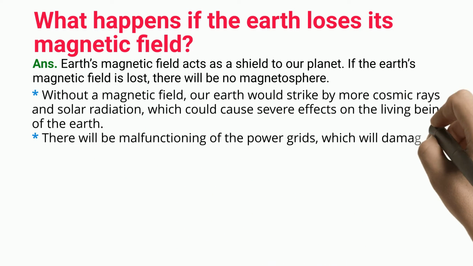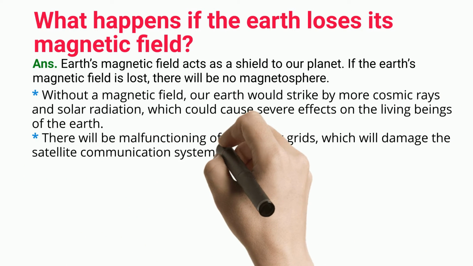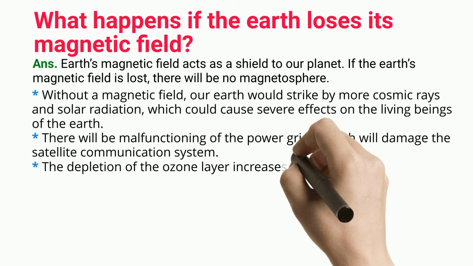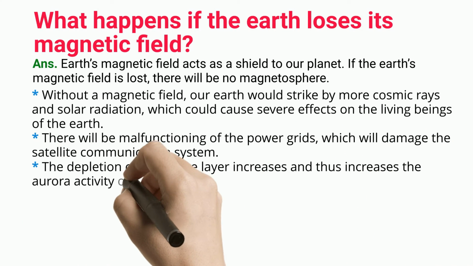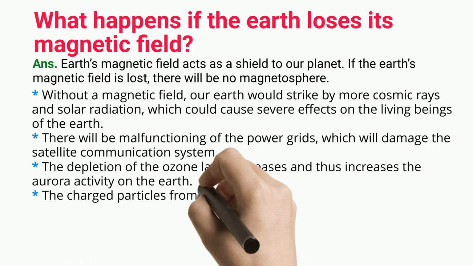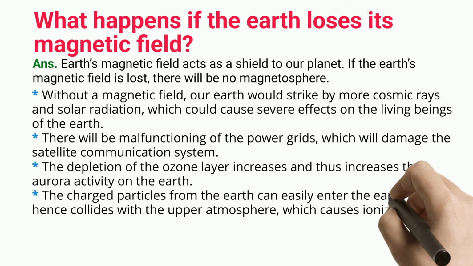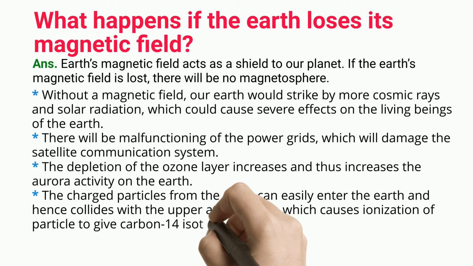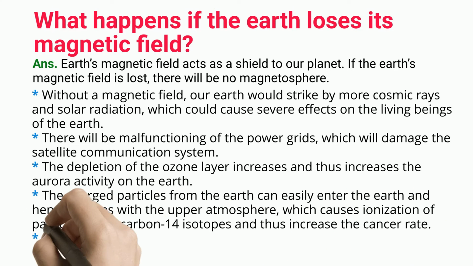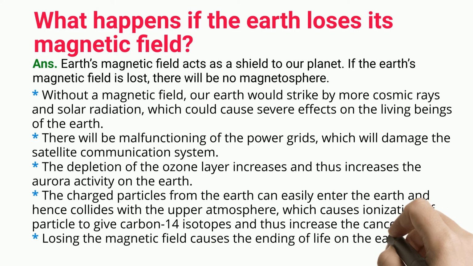There will be malfunctioning of the power grids, which will damage the satellite communication system. The depletion of the ozone layer increases, and thus aurora activity on the Earth increases. The charged particles can easily enter the Earth and collide with the upper atmosphere, which causes ionization of particles to give carbon-14 isotopes and thus increases the cancer rate. Losing the magnetic field causes the ending of life on the Earth.